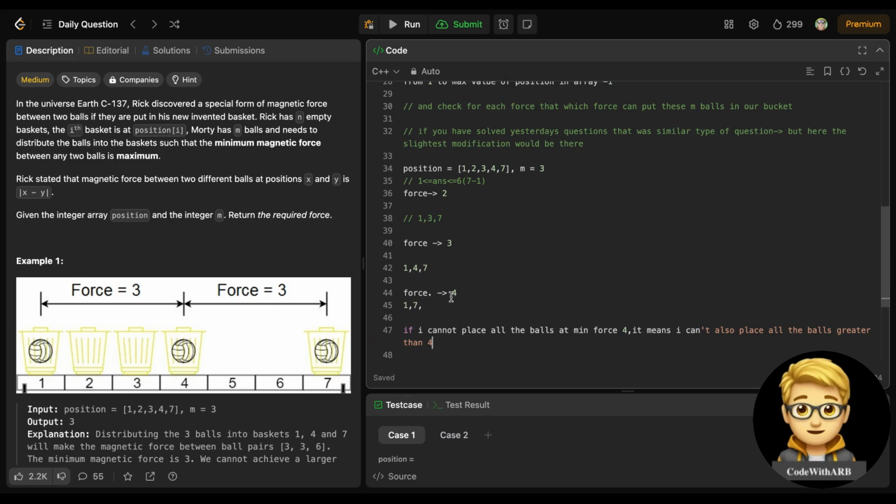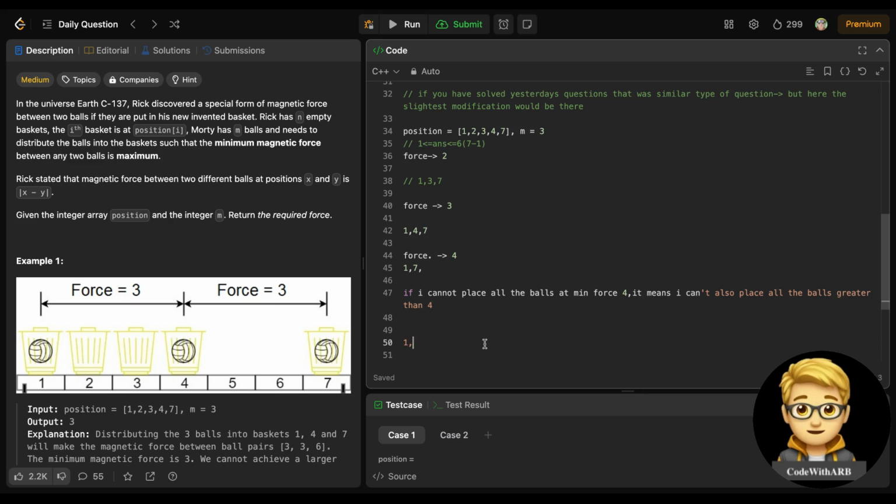If I can't place at 4, do you think really that I can place at 5, 6, or 7? No, I won't check those later. So the possible answers are 2, 3, and also 1, because 1 plus 1 is 2, and if I take minimum force 1, then I can also place these three balls. So the possibilities are 1, 2, and 3. So we need to take the maximum value, which is 3.